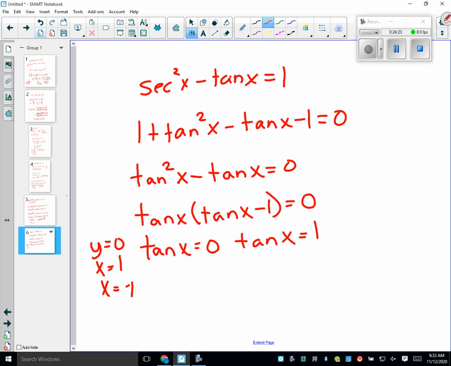So what is x? 0 and pi. And when is tan 1? Well, it's pi over 2. No, not pi over 2. Pi over 4, and 5 pi over 4.